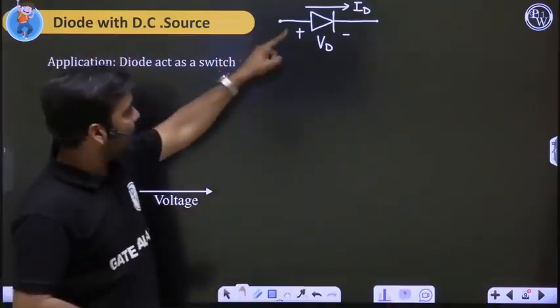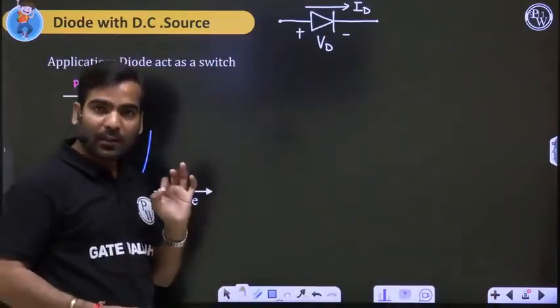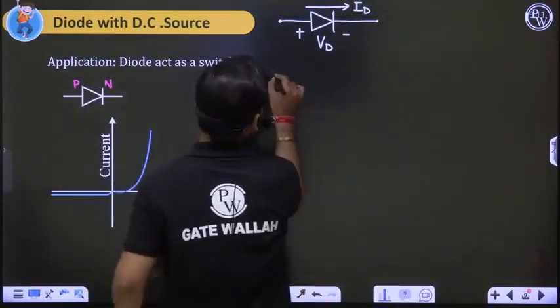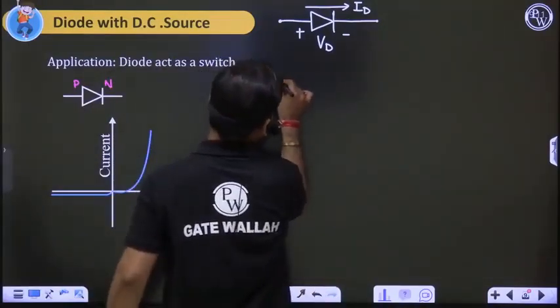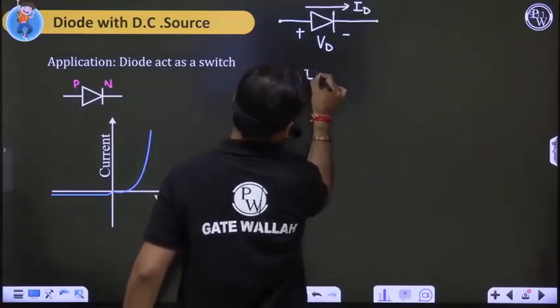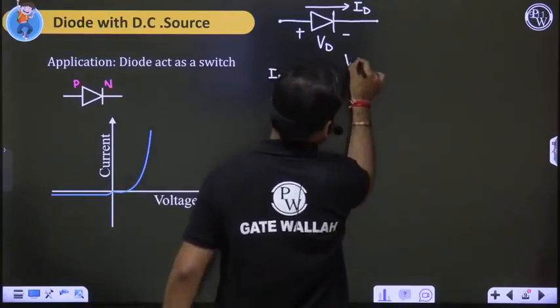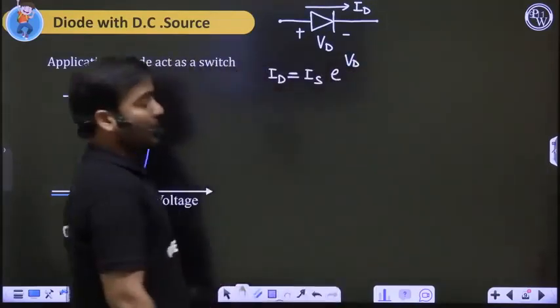And this ID and VD have a beautiful relation, that is, ID equal to IS, e to the power of diode voltage VD, exponential device.